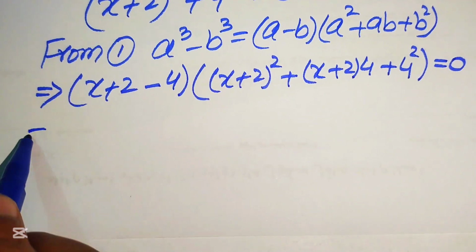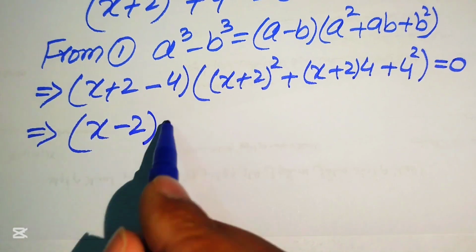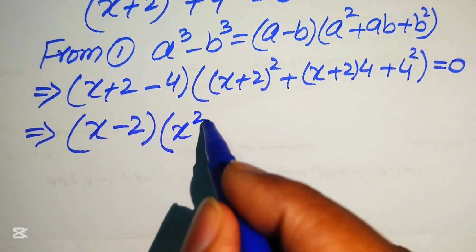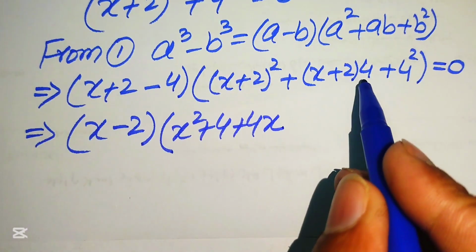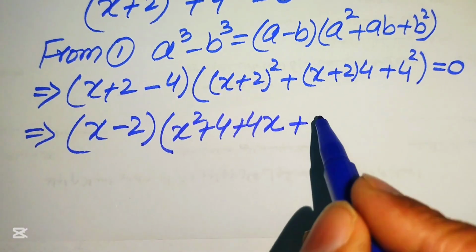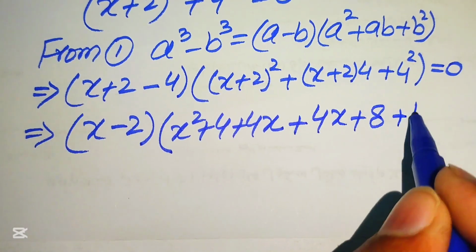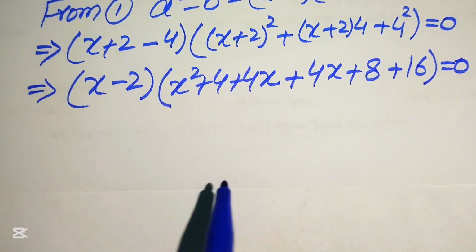Here we need some simplifications. x plus 2 minus 4 becomes x minus 2. We can expand (x+2) squared, which equals x squared plus 4x plus 4. Multiplying 4 by both terms gives 4x plus 8, and 4 squared equals 16, and this whole expression equals 0.